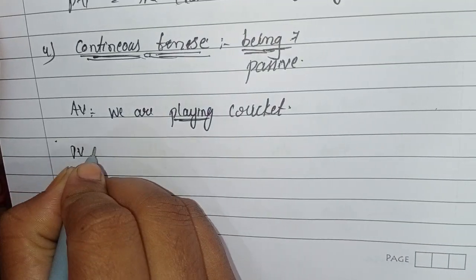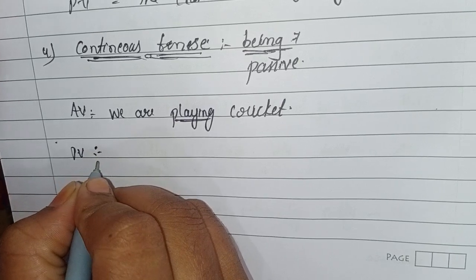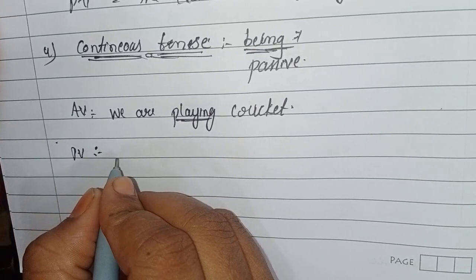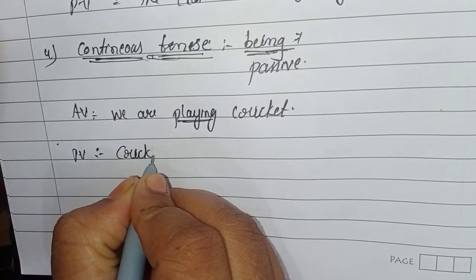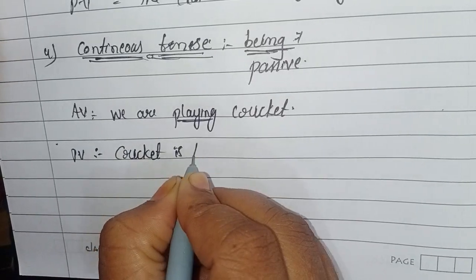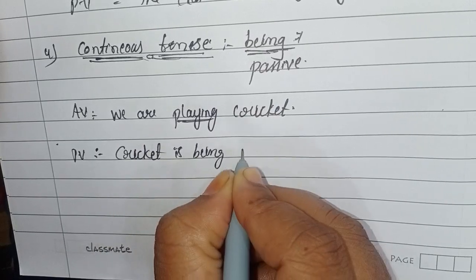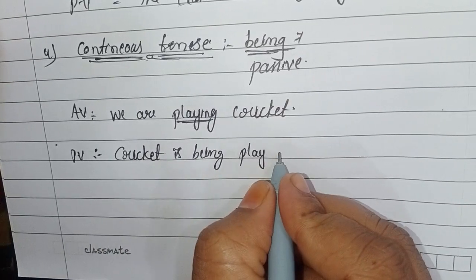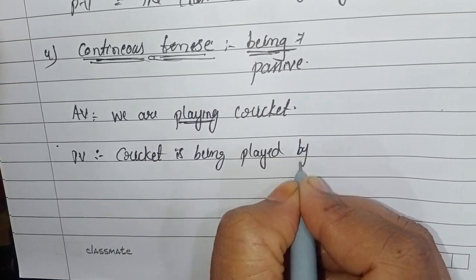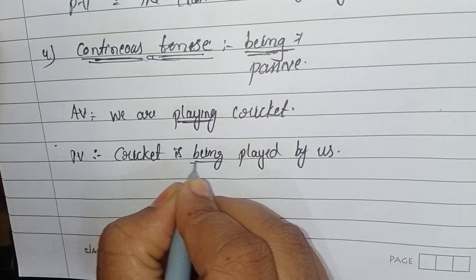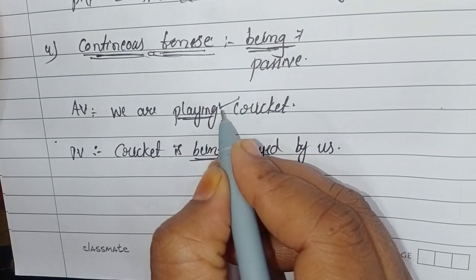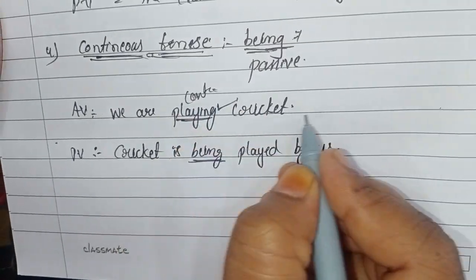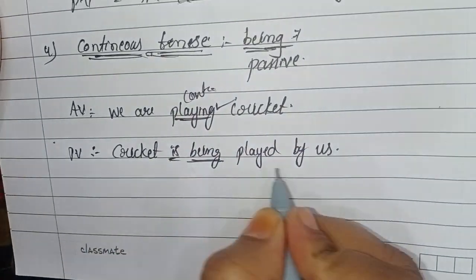When we change this sentence into the passive voice: The cricket is being played by us. "Being" is used because the sentence is in a continuous tense. That's why we use the helping verb.